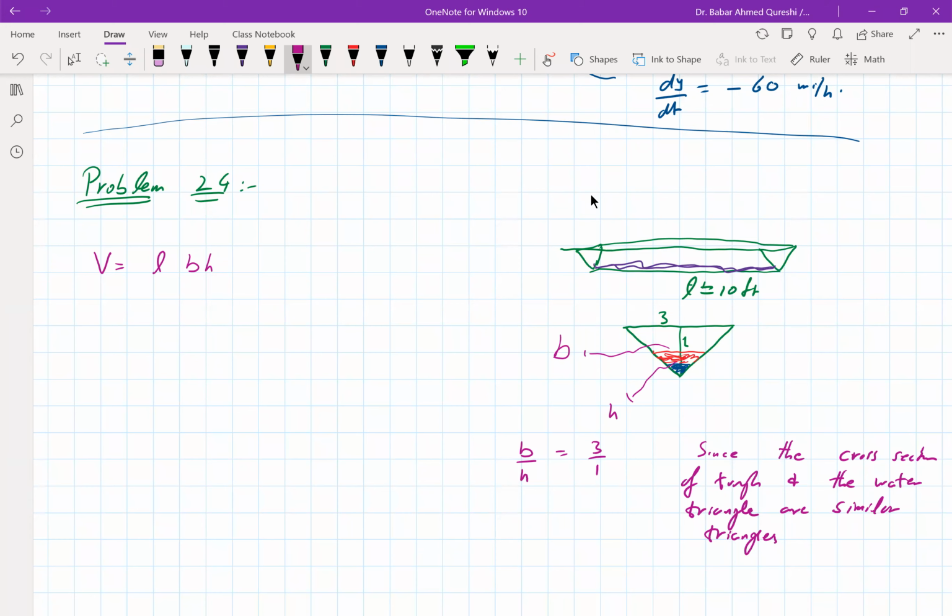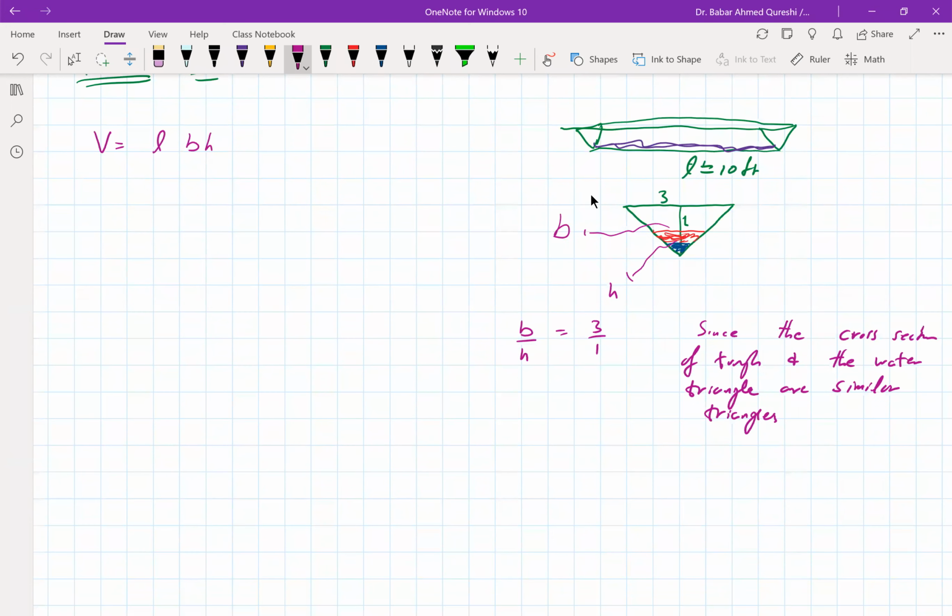So you have this. b over h is the same as 3 over 1. So from here, you can say b is 3h and put it here. Because the point is that when the water rises, h changes, but so does b. So they're not independent. So you have to take care of that.